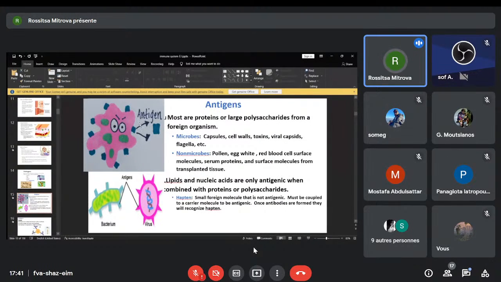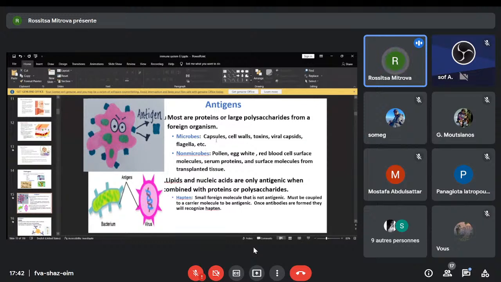Antigens, most of them are proteins or large polysaccharides from a foreign organism. For instance, from microbes, they can be the capsules, cell walls, toxins, viral capsids, flagella, and many others.